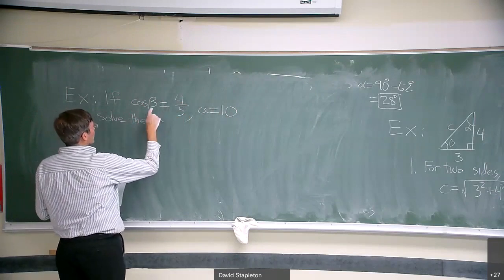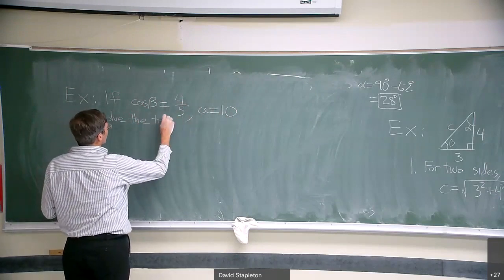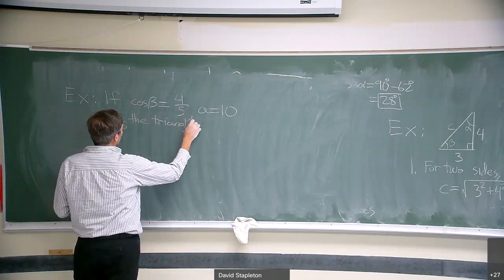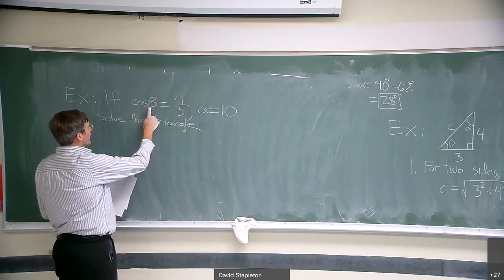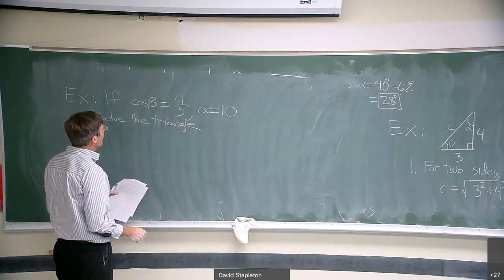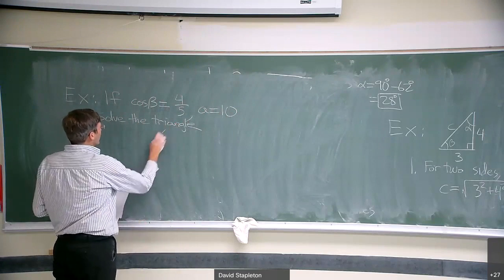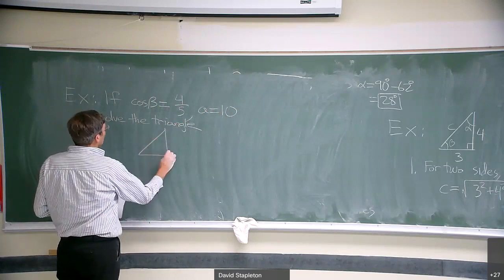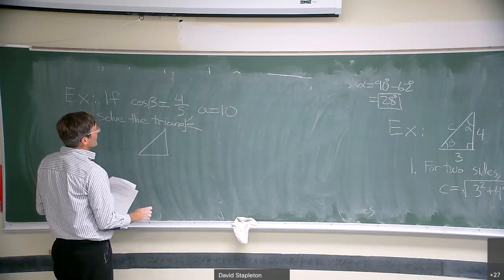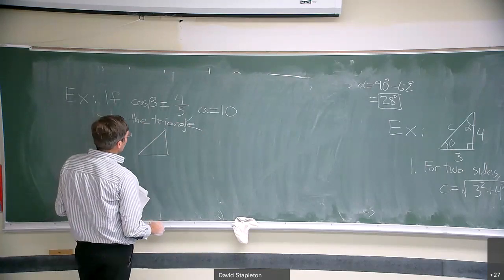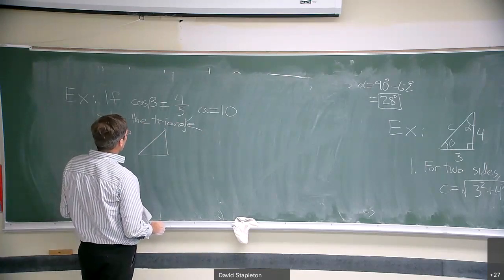So this time, instead of being given beta and A, I'm given cosine beta and A. Well, once again, you can take the inverse trig function, find the angle, but it's easier than that. Sketch the triangle and say, well, cosine beta is 4/5 and A equals 10.